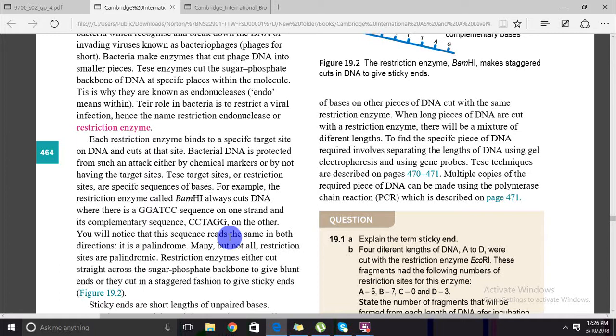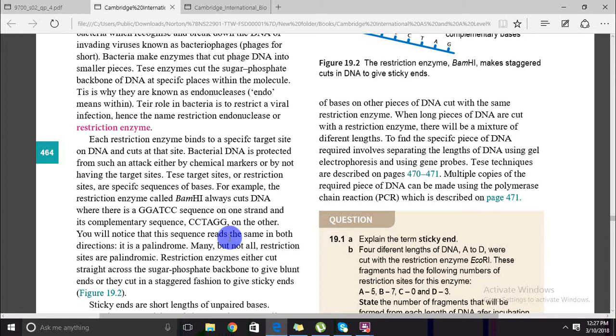Right? Restriction enzymes either cut straight across the sugar phosphate backbone, or they cut in a staggered fashion. So if they cut straight across the sugar phosphate backbone, you will get blunt ends, but if they cut in a staggered fashion, you will get sticky ends. So what do we mean by this?